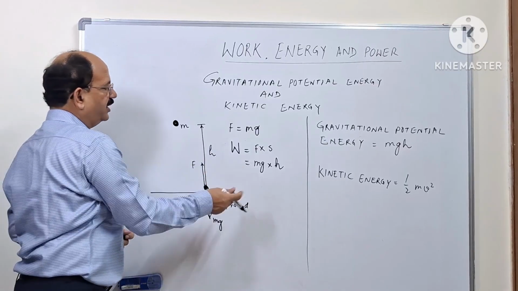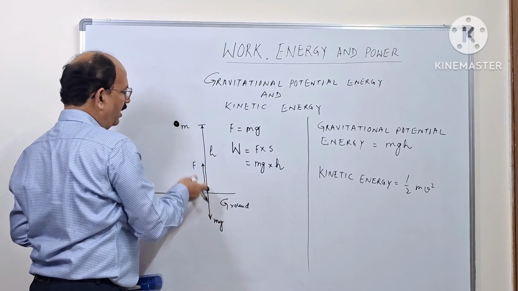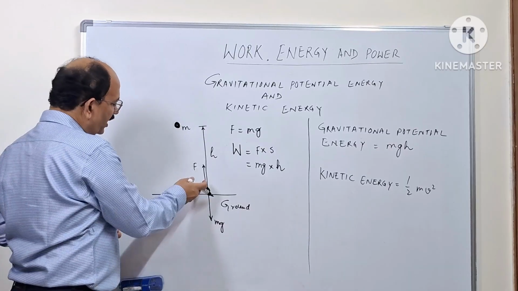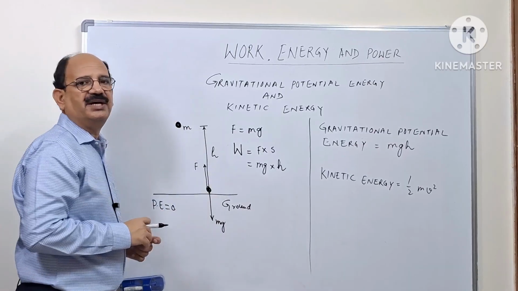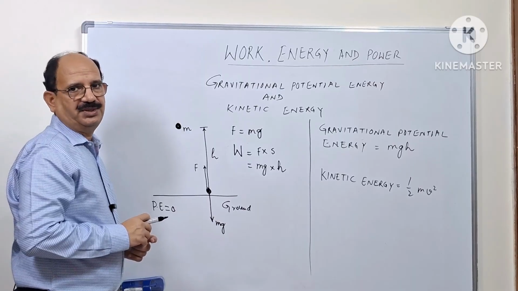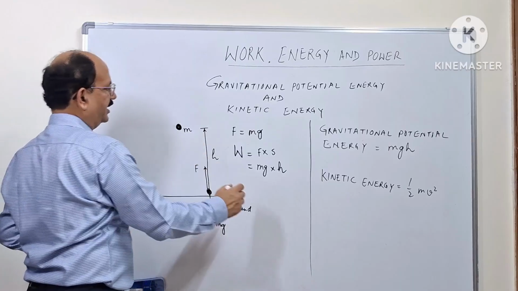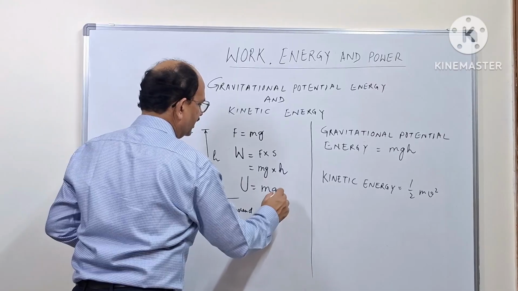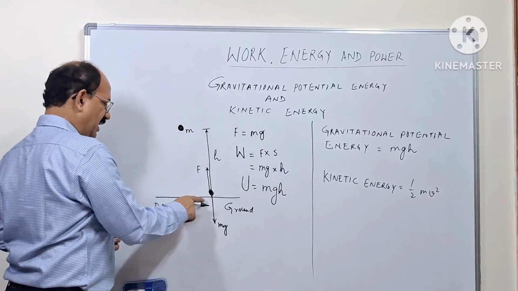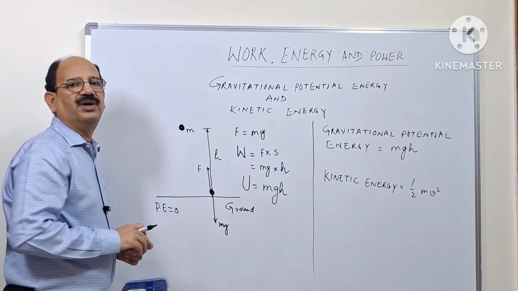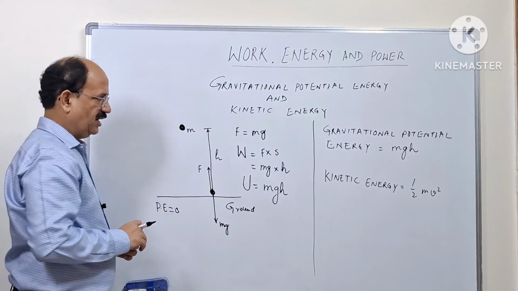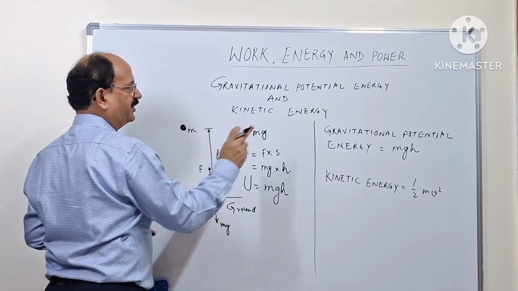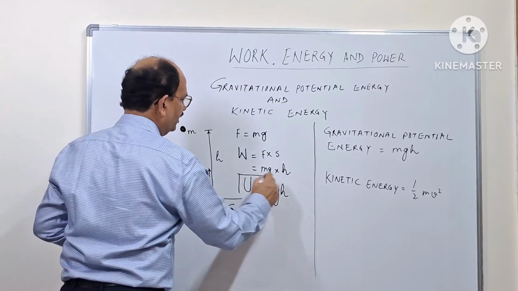And therefore this work done on the ball by you will be mgh. Now this work done itself gets stored as gravitational potential energy in the ball at height h. So you can write U equal to mgh, assuming that the potential energy at the ground is 0. That's how you get the formula of gravitational potential energy, mgh.